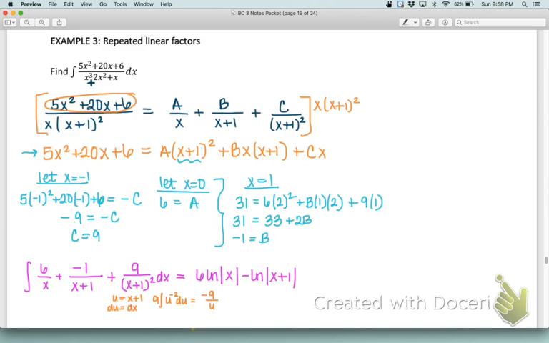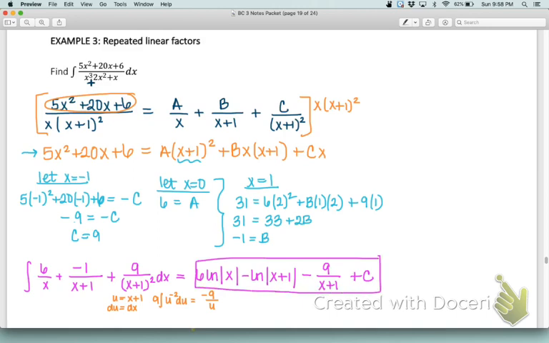So we can figure out then that our last one is minus 9 over x plus 1. And then don't forget your plus C, because that was all part of one integral. And so there it is.